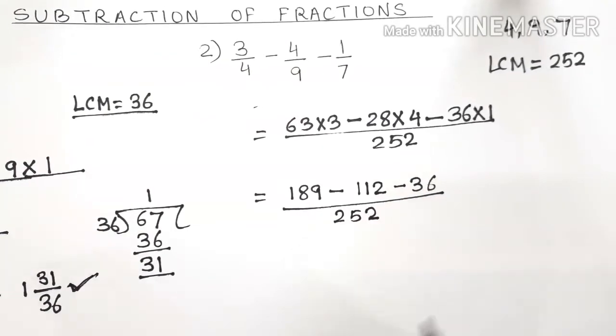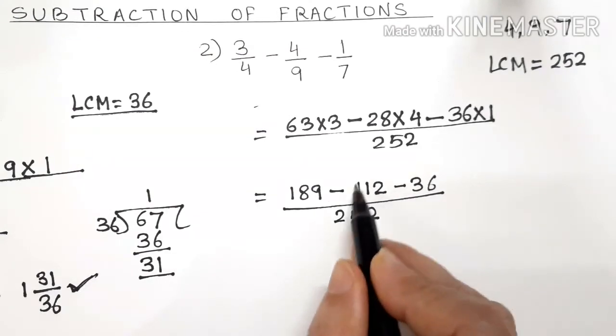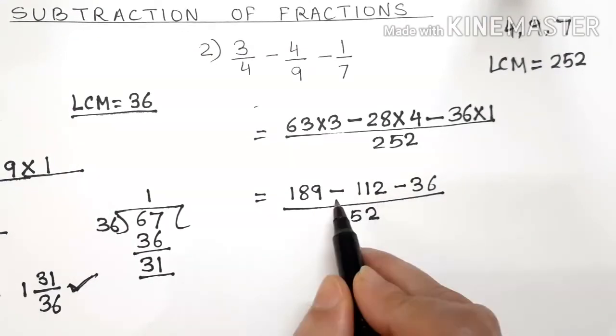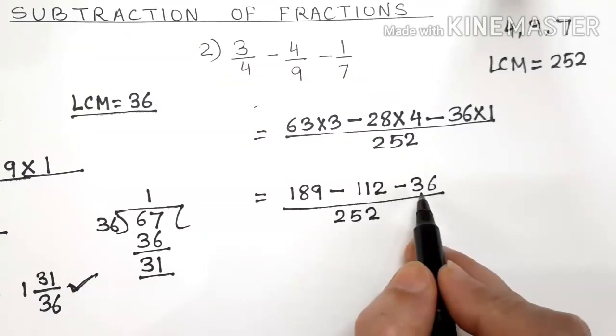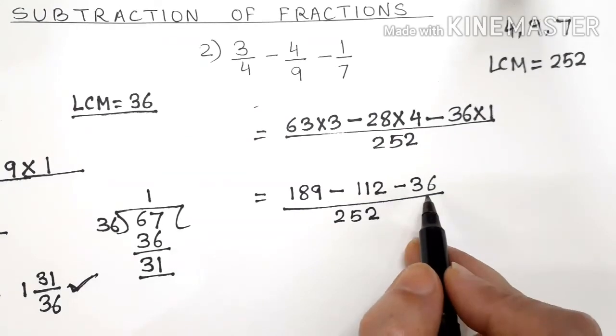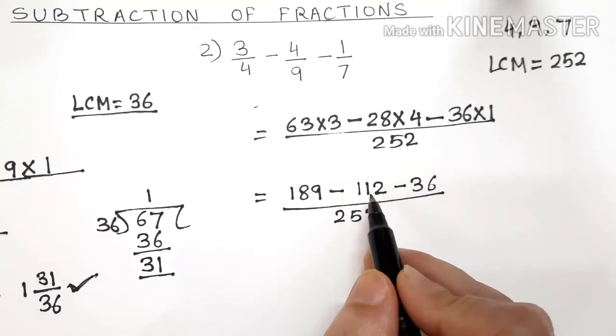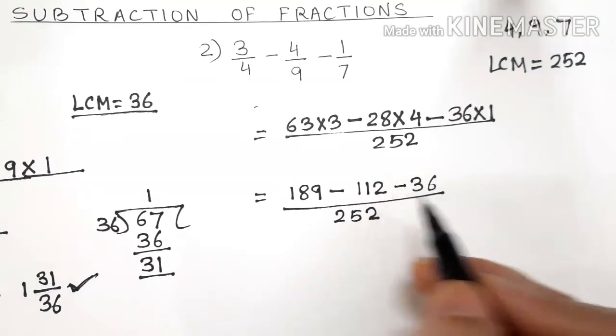Now, this is where you have to be really very, very careful. Whenever, children, you have numbers like these two, 112 having a minus sign before it and 36 having a minus sign before it, in such a case these will be treated as friends and they will be added.